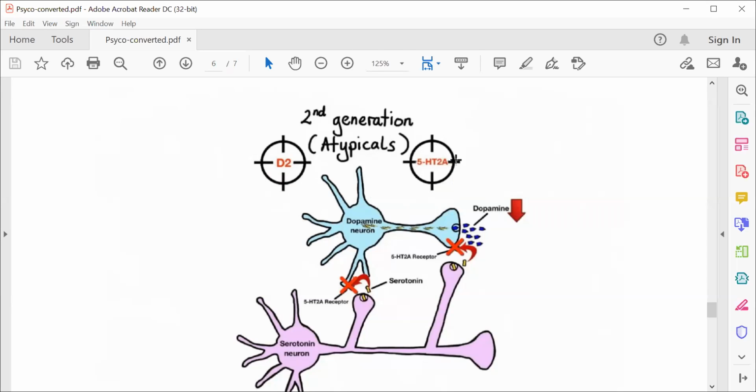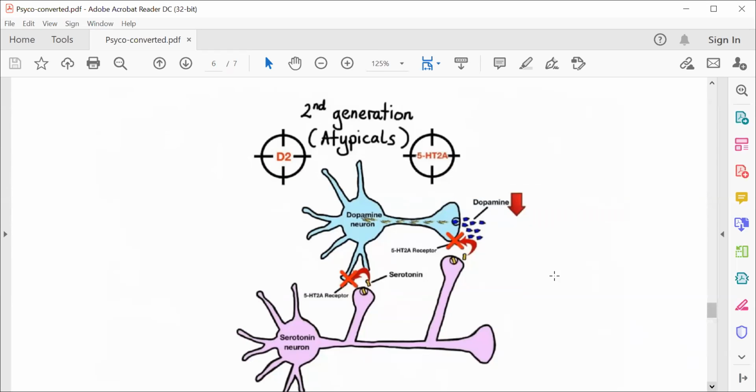So what happens when we block this receptor? Blocking serotonin receptor 2A leads to an increase of dopamine in the area where we would like dopamine to be high, which is the mesocortical pathway.